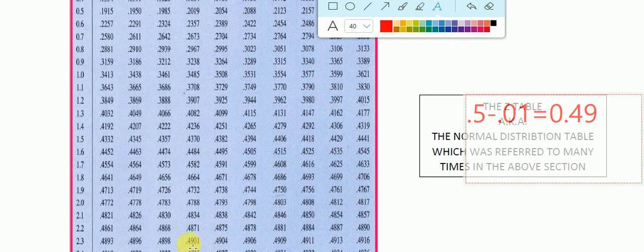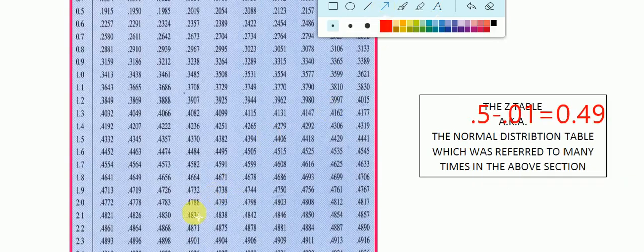We'll use this arrow, and it comes out to be 2.3, and then we'll use another arrow to see the column where we stand.